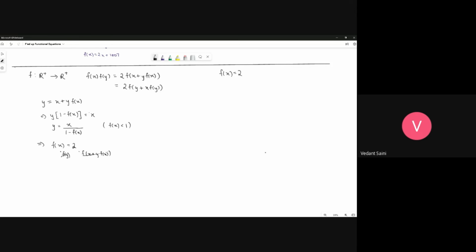Anyways, f of x can't be less than 1 for any x, because if it is, we follow this procedure: we put y equals x over 1 minus f of x, and we get f of x equals 2, which is false.